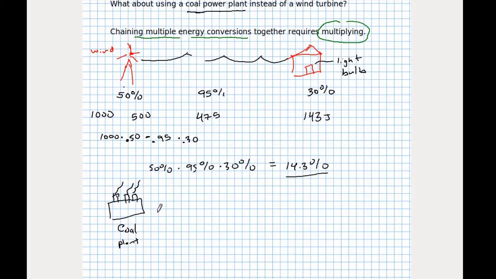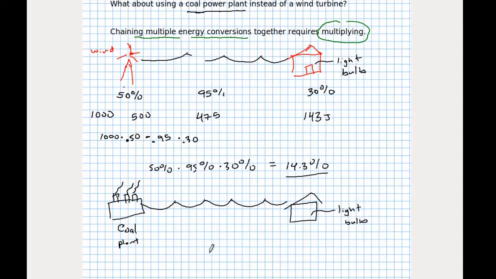And then that electricity that gets generated would again go through the wires, travel many miles to the house. There's the house, and then I would again have inside the house the light bulb.